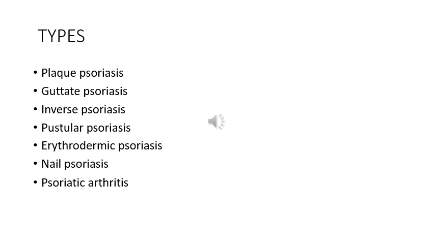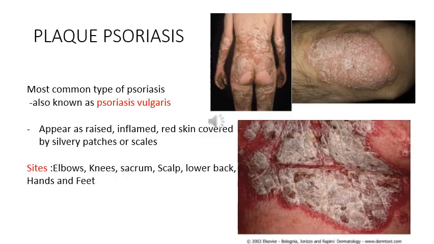Now we'll see the types of psoriasis. Several types of psoriasis have been mentioned, and I'm mentioning certain important types. There is plaque psoriasis, guttate psoriasis, inverse psoriasis, pustular psoriasis, erythrodermic psoriasis, then nail psoriasis, and psoriatic arthritis, which is an associated condition. Plaque psoriasis is the most common type of psoriasis, also called psoriasis vulgaris.